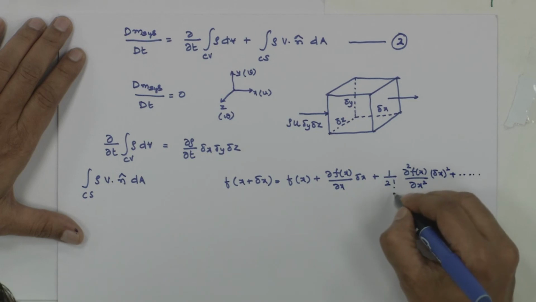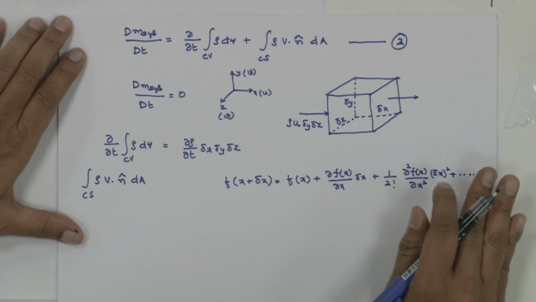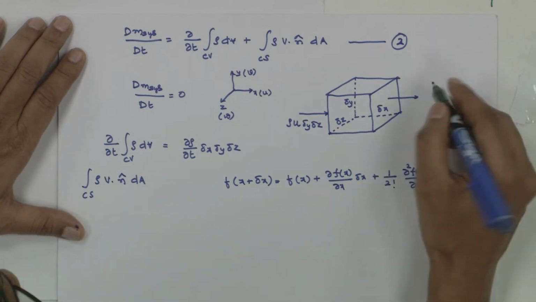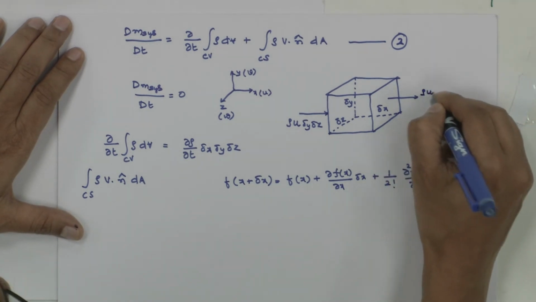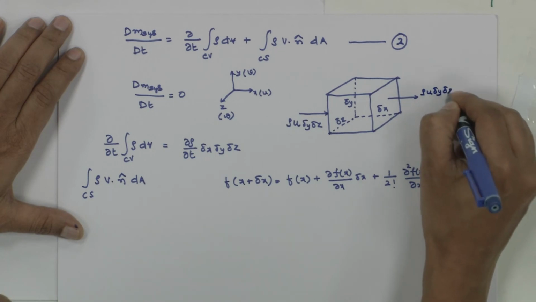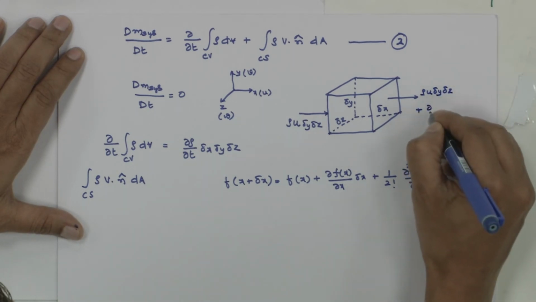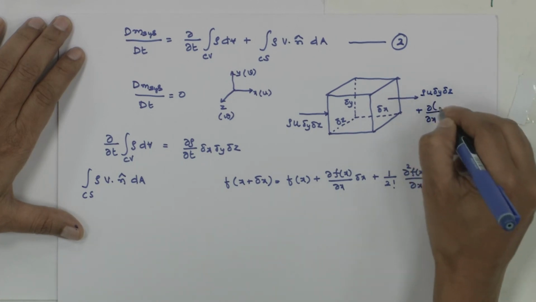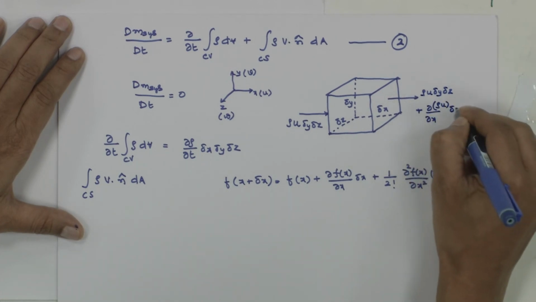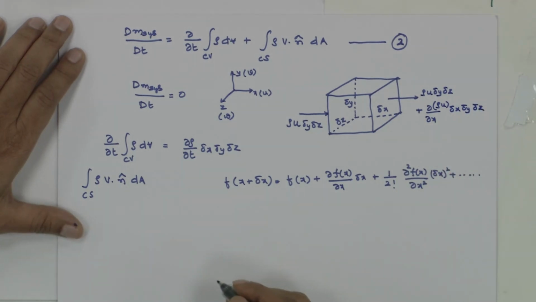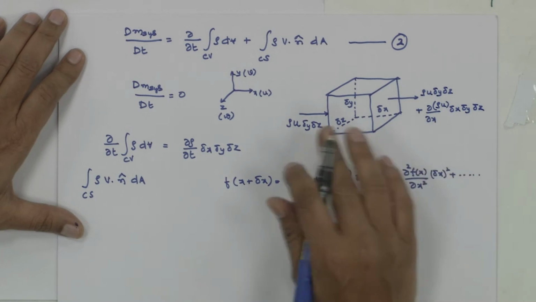Generally we neglect the second order terms and take only the first order terms. So, what would happen here for us? It would be rho u delta y delta z plus del by del x of rho u delta x delta y delta z. So, this is in the x direction.